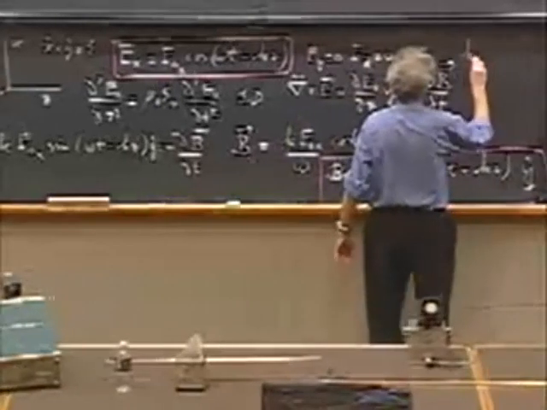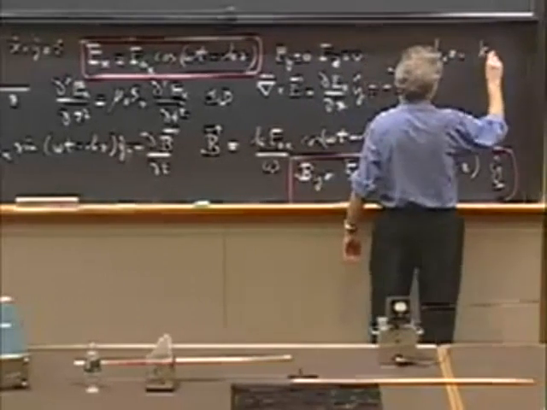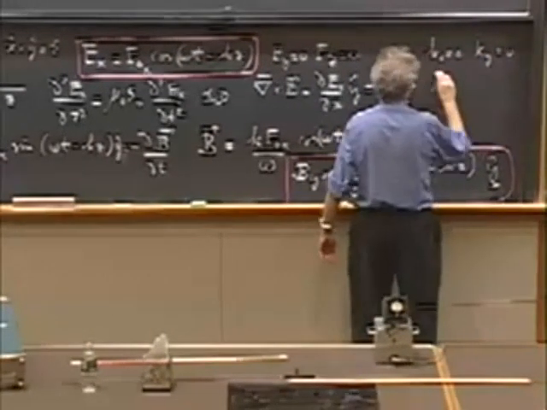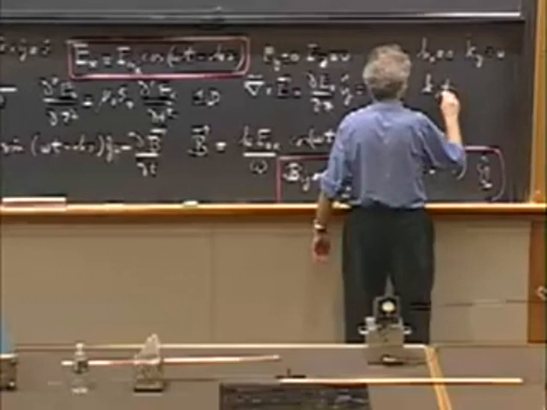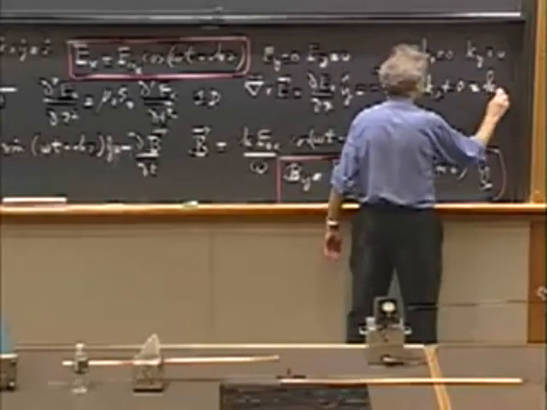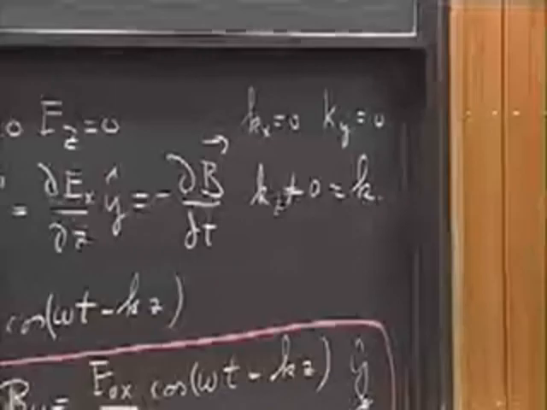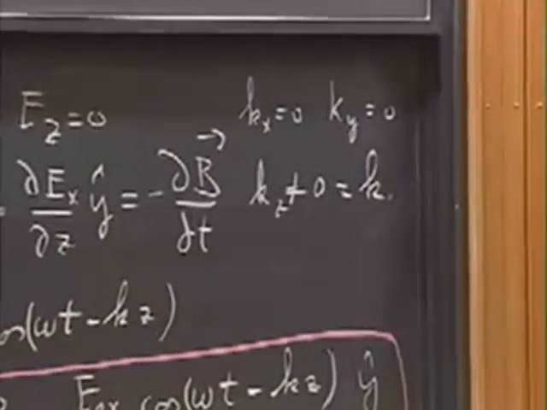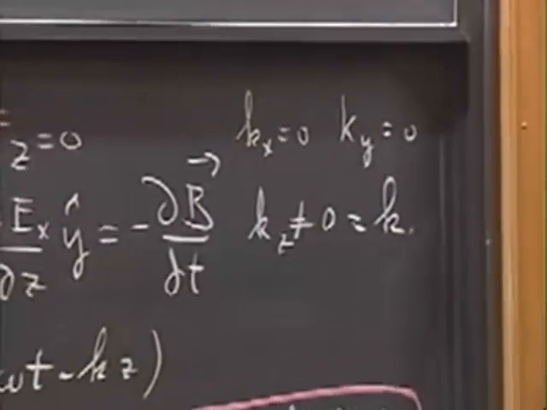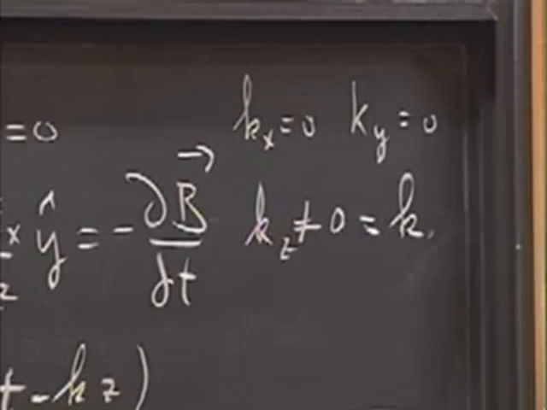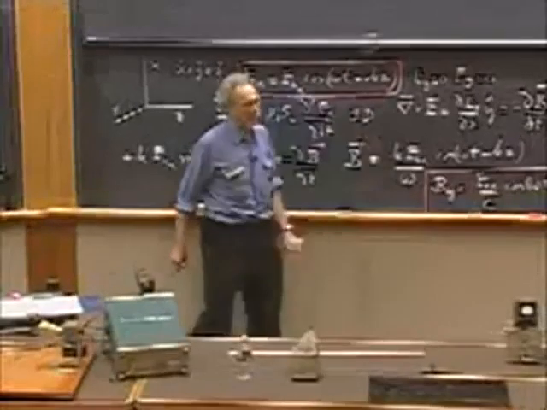So kx was 0, ky was 0. Because it was only going in the z direction, kz was the only one which was not 0, which was k. And so my dot product, k dot r, collapses into kz. And so the wavelength lambda is 2 pi divided by this k.